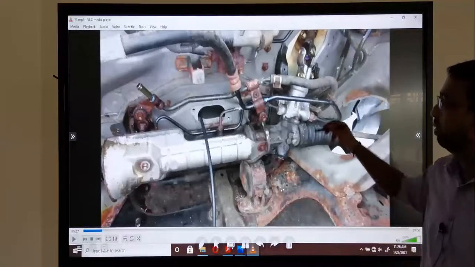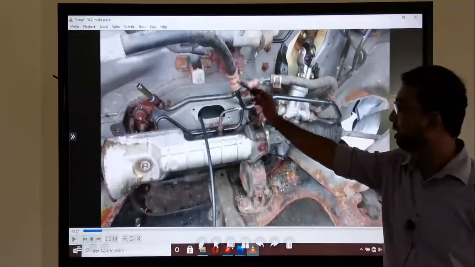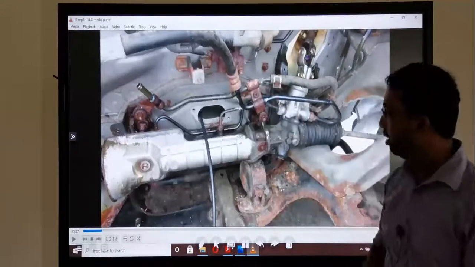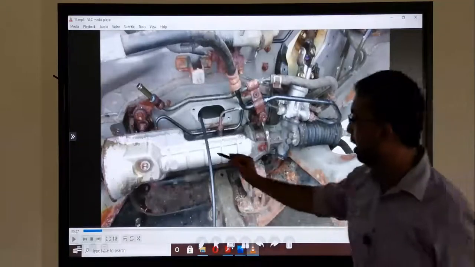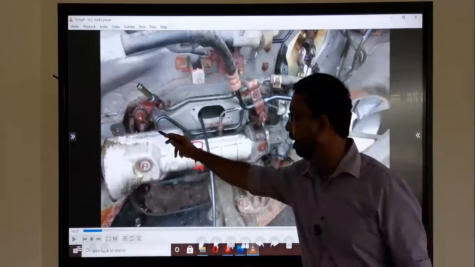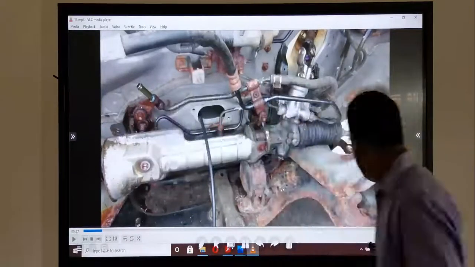This gives the supply to the control valve, and this one is the low pressure line going to the reservoir. And there are two lines here. Inside here there is a piston. Here is the right side and here the left side. There are two supply lines for the fluid.